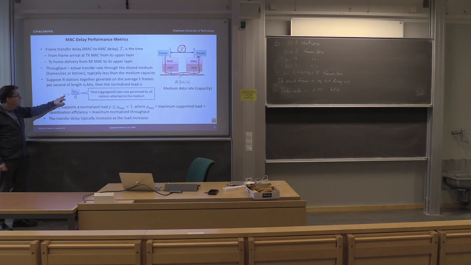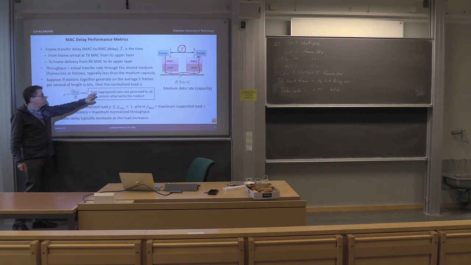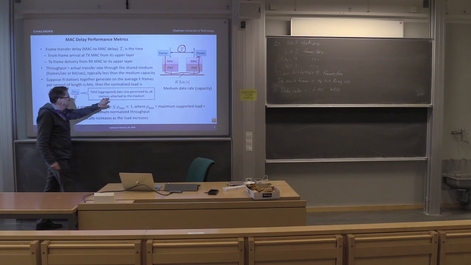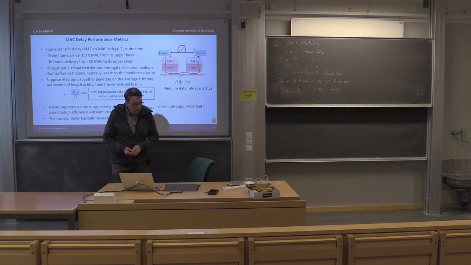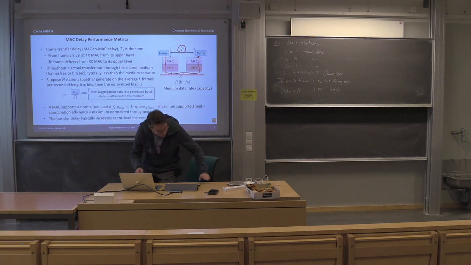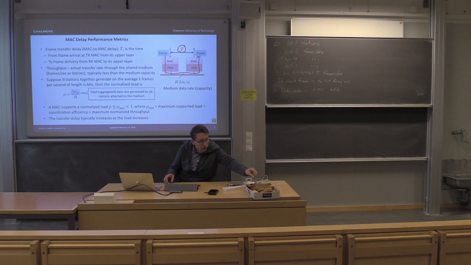So how can we interpret this rho? It's the ratio between the total data rate generated by all stations attached to the medium and the data rate capacity of the medium. A MAC, a medium access control scheme, can support a certain rho.